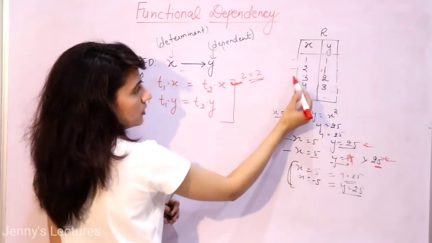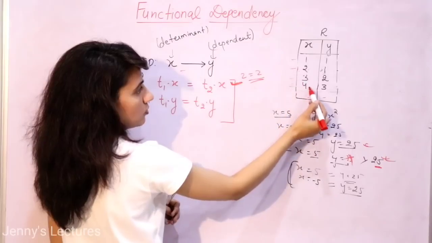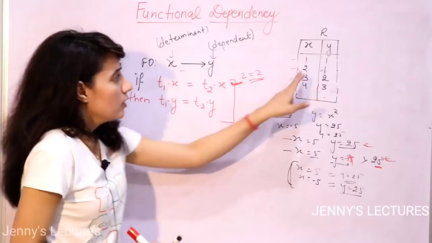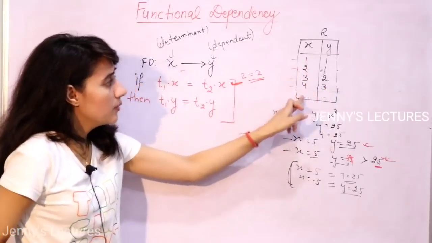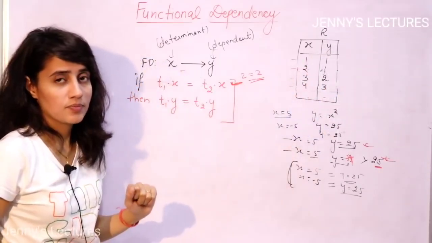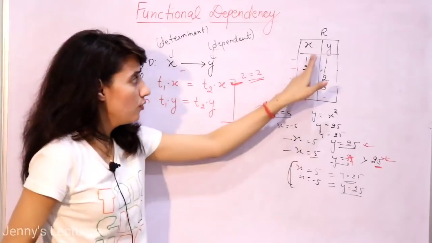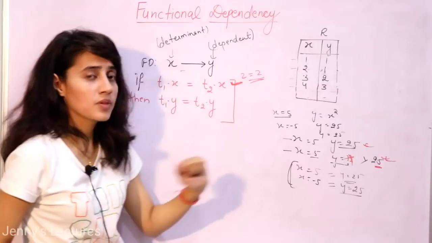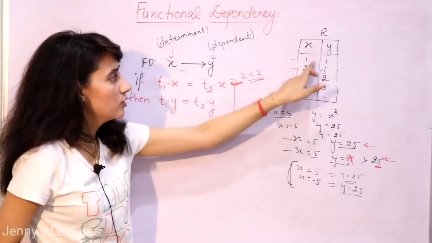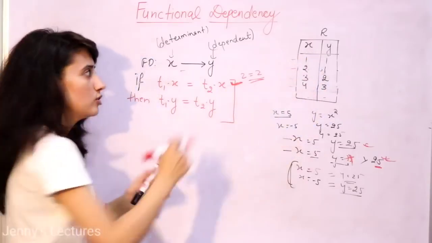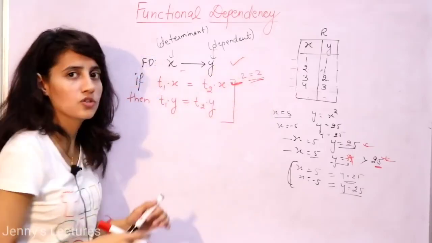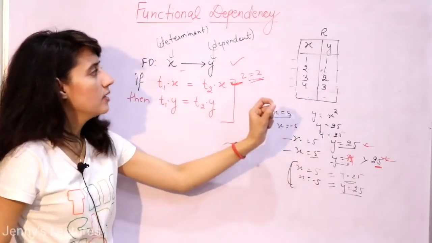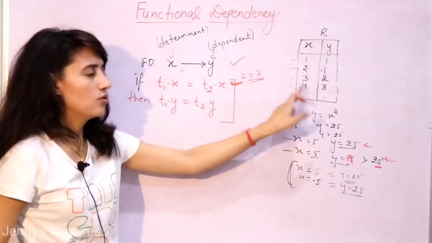This holds for every pair, which means no value of x is repeating. If the value of x is repeating, then only we care about the value of y. But here every value of x is unique, so this would definitely be a functional dependency.